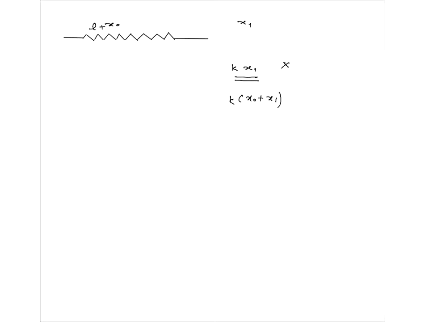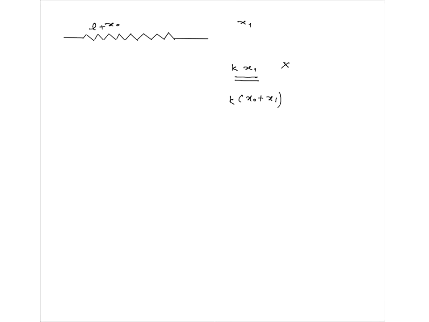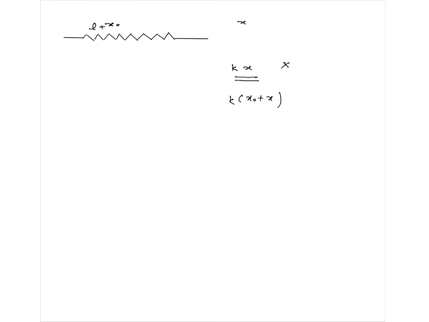So if we have taken kx1, here I use x, let me make it x. So kx is wrong, k(x0 plus x) is right. Kx will be correct if x0 is 0.